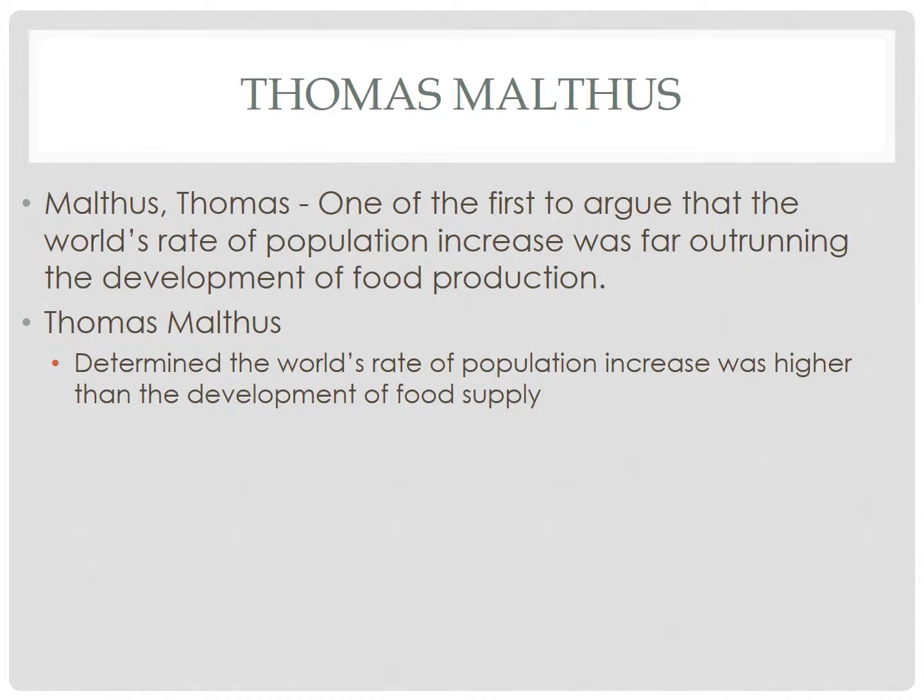That's when he first came out with this. And essentially what he argued, and this is what you need to know, population grows geometrically, food grows arithmetically. And we'll visualize this on the next slide. But Malthus basically believed that a population that outstripped its food supply, grew past its ability to support itself, would have some kind of check on population.